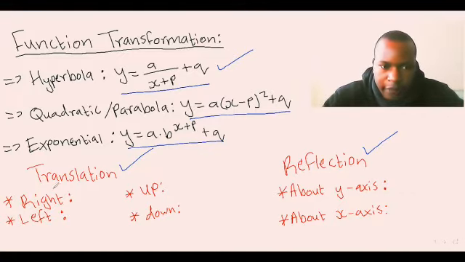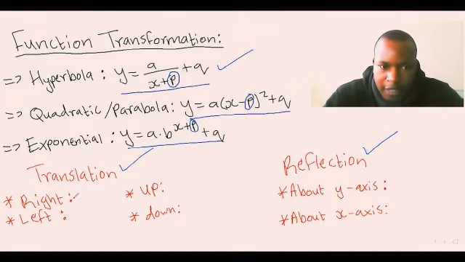Whenever you translate the function to the right, you're actually subtracting from the p-value. That would be this p-value over here. Let me just mark it for all the functions. That p-value is essentially responsible for either left or right translation.